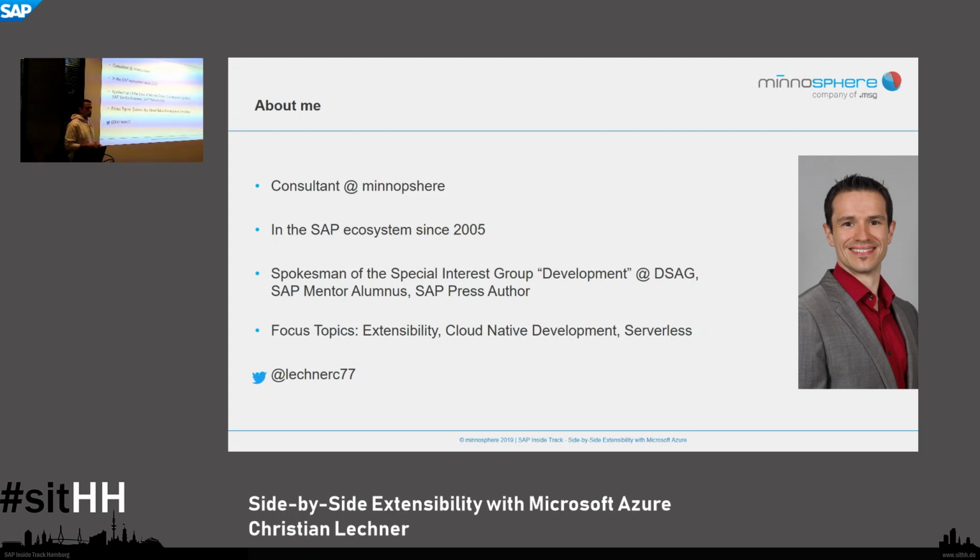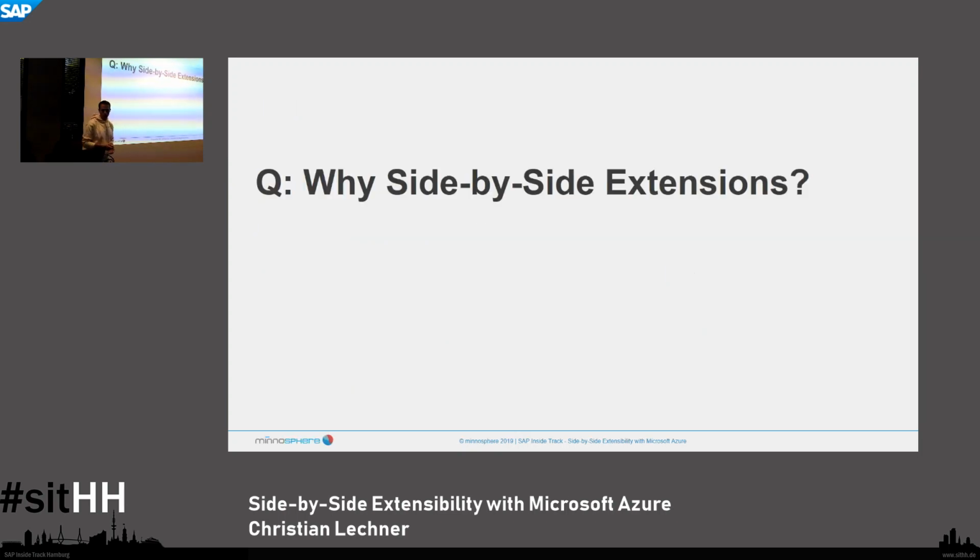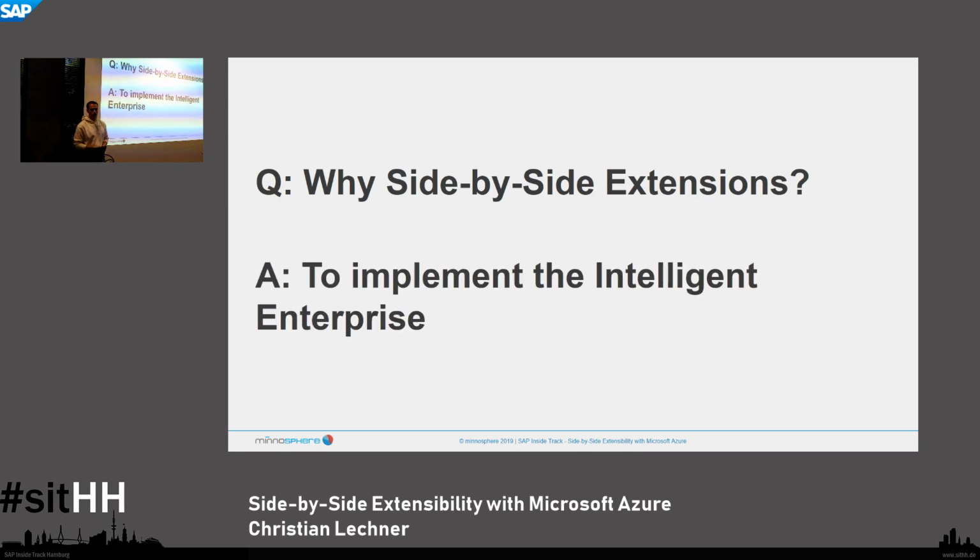Okay, so let's start with the content. Why side-by-side extensibility? Why should we do side-by-side extensions? We are here at an SAP Inside Track, so the answer is clear: in order to implement the intelligent enterprise. What is the intelligent enterprise?